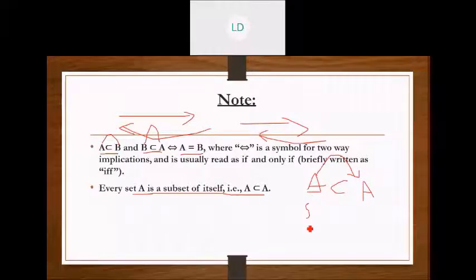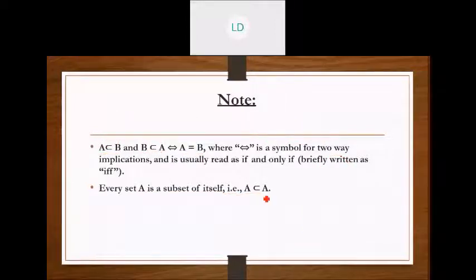If you consider the set 1, 2, is it not a subset of 1, 2? It is a subset of {1, 2} because all the elements of this are in this. So 1 is there here, 1 is there here, 2 is there here, 2 is there here. So definitely A is a subset of A. Okay, so this is the example. So any set is a subset of itself because all the elements of that are there in that.